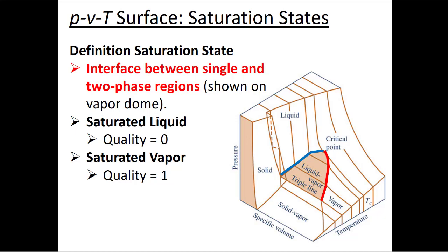Now, if you keep adding heat, so let's say you have a sealed container, what happens is the temperature stays the same as these water molecules start to break apart and move from a liquid into a vapor. But if the vapor phase got any hotter than the saturation temperature, what would happen is it would start to transfer heat back into the liquid water.